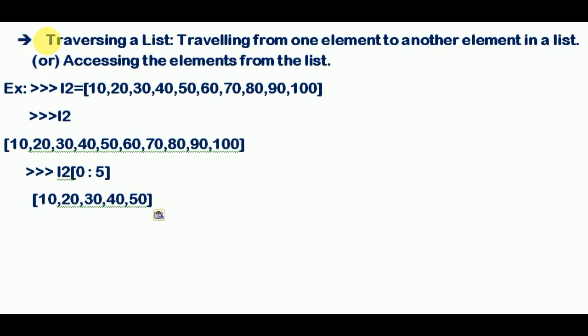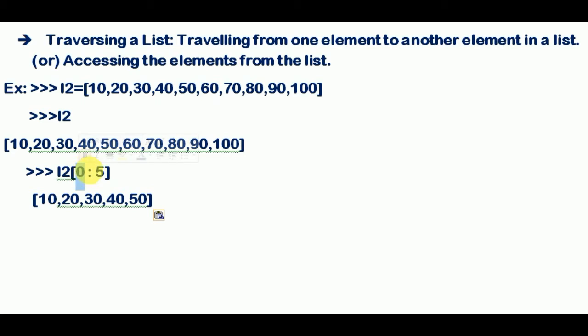Now next one is traversing a list. Traversing a list is basically traveling from one element to another element in a list, or accessing the elements from the list. So here we have a list from 10 to 100, and when we display the list we got the resultant value. After that we use traversing positions.